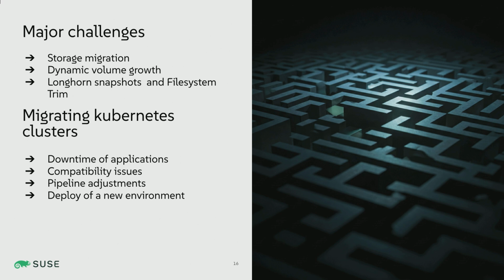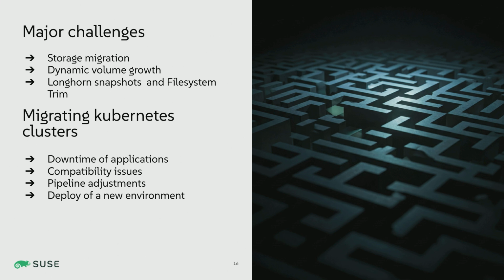That was a lot of pain for our organization to handle. And Longhorn was not able to do these snapshots and have the file system tree well at that time. So having storage and data easily manageable with the upgrade was something that we had on our mind all the time.